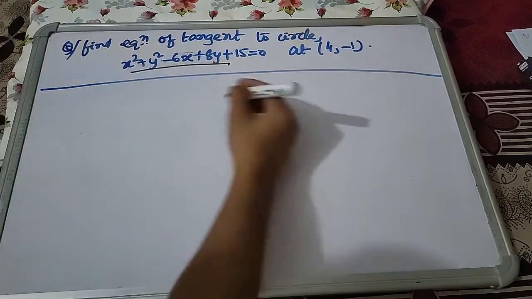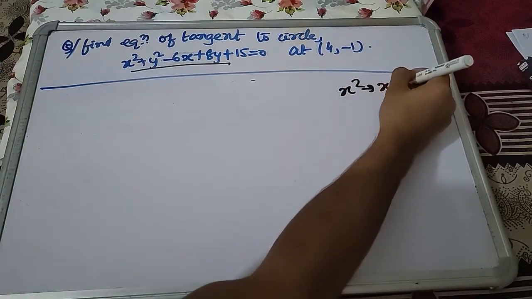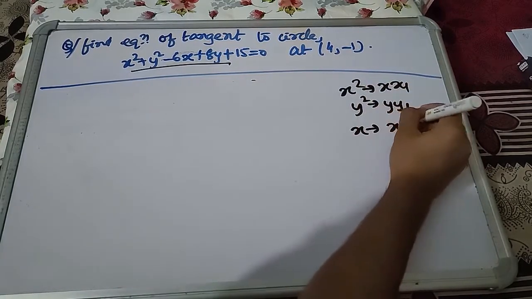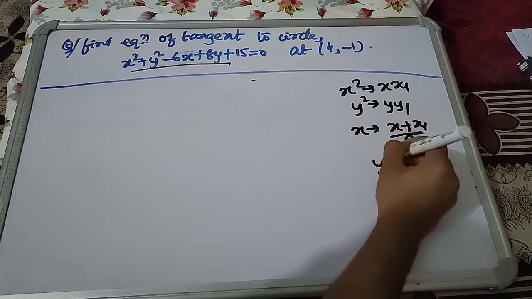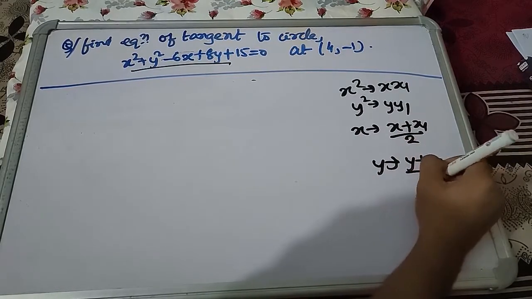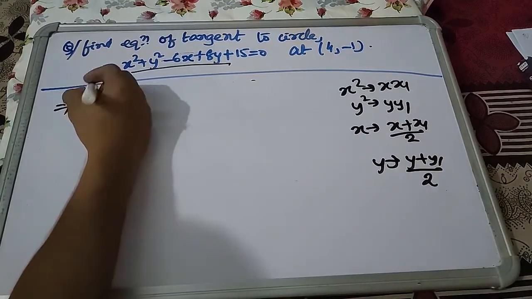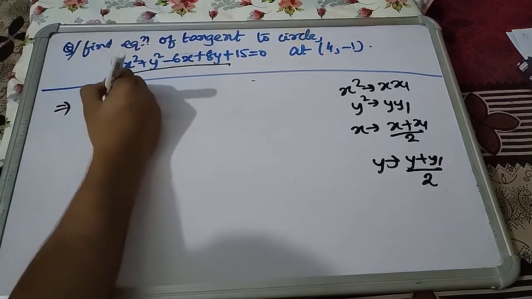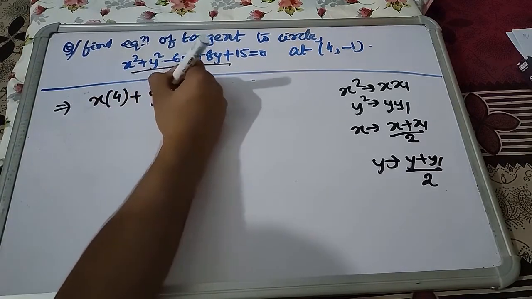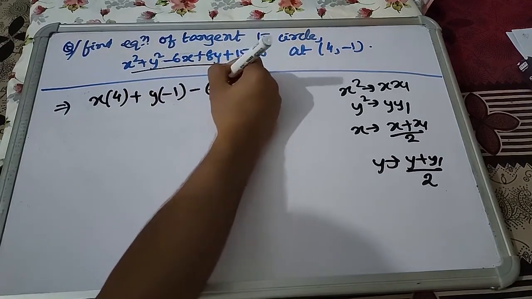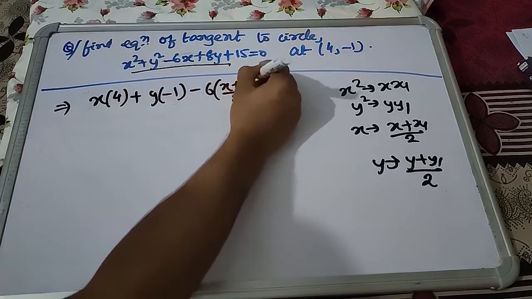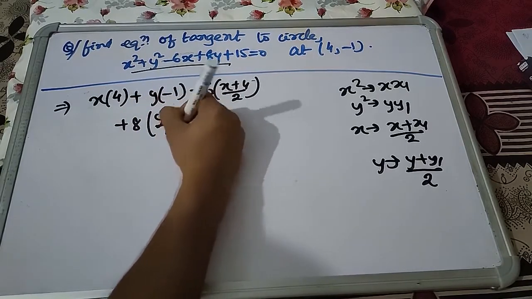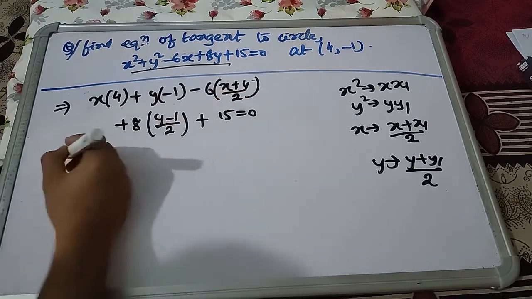The transformation was: x square will be transformed to x x1, y square to y y1, x to x plus x1 by 2, y will be transformed to y plus y1 by 2. So now let us do the transformation. x into 4 plus y into minus 1 minus 6 into (x plus 4) by 2 plus 8 into (y minus 1) by 2 plus 15 equals 0.